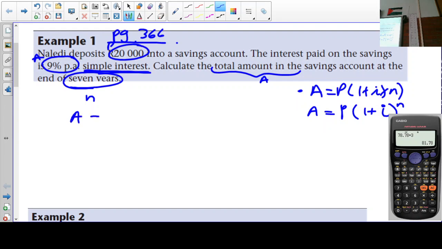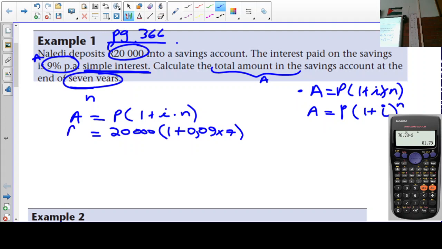I'm going to do it one time. A is equal to P into 1 plus I times N. The bell's going to ring soon, so let's push along. So what's your P value? We said it's going to be 20,000. So it's going to be 20,000 into 1 plus 0.09 times 7.